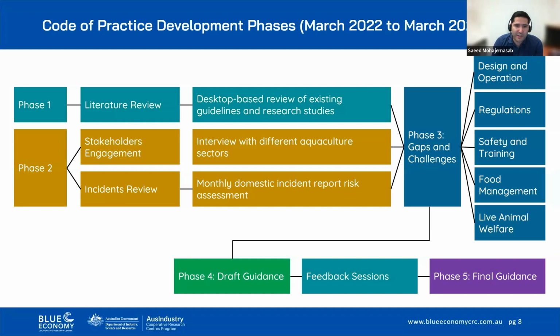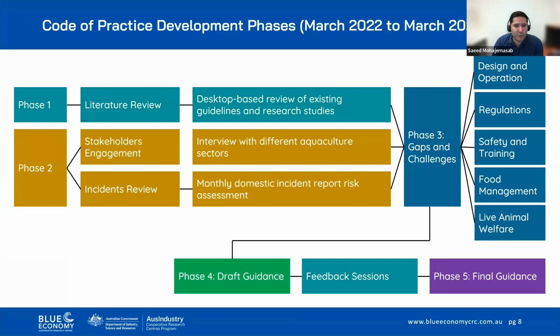Phase 2 of the project had 2 parts focused on stakeholder engagement. Part 1 involved interviewing various aquaculture sectors, and in part 2, we reviewed past incidents related to aquaculture and conducted a risk assessment.